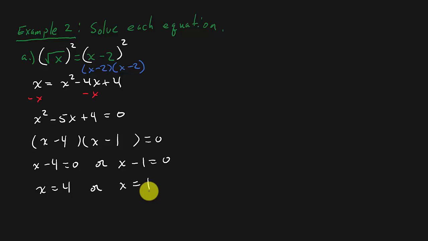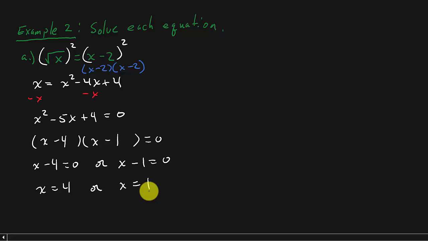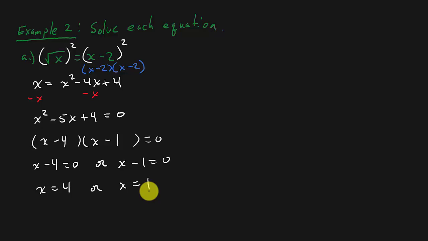But we're not done. Whenever you square both sides, actually whenever you raise both sides to an even number, to the second power, the fourth power, sixth power, eighth power, 10th power, whatever, you have to check your solutions.